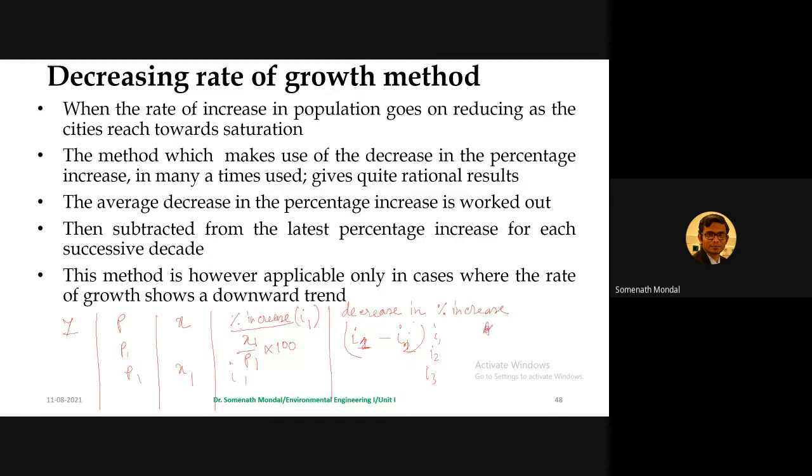Once we get the I values, we are going to get the average I, which I can write as I bar. That is basically the summation of I by n. Once we get that value, we can easily calculate.